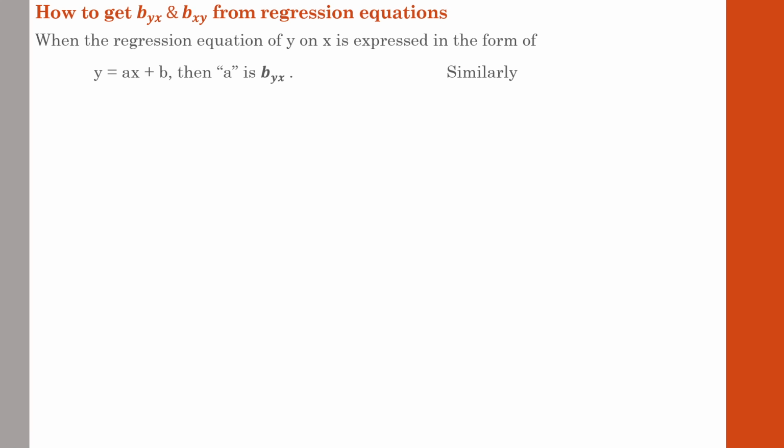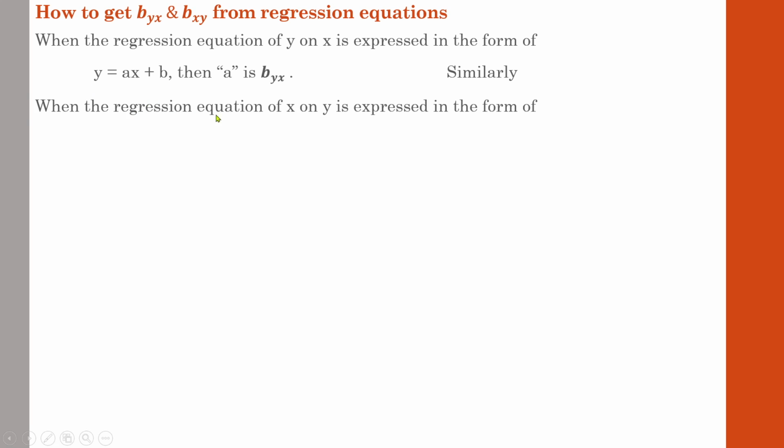This is the equation for the method of least squares, y equal to ax plus b. If you can solve the given equation to this form, then you will get ax, and in that the value of a will be byx. You will get a clear picture when we deal with an actual equation. Anyway, understand the concept: for y on x, you will be using the equation y equal to ax plus b.